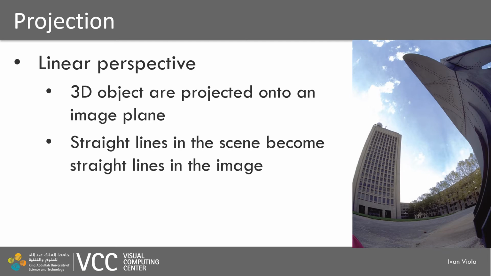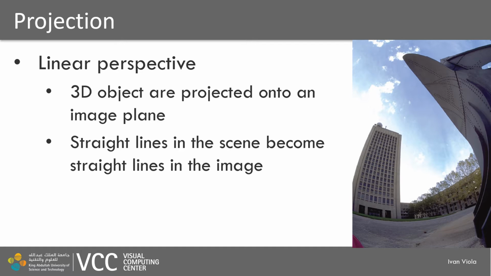The linear perspective is basically saying that everything having straight lines in the 3D scene will be mapped into straight lines in the image. So this is a linear perspective. These lines might no longer be exactly at the same geometric arrangements to each other, but they will remain straight.